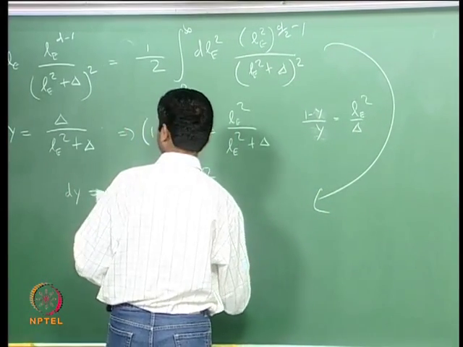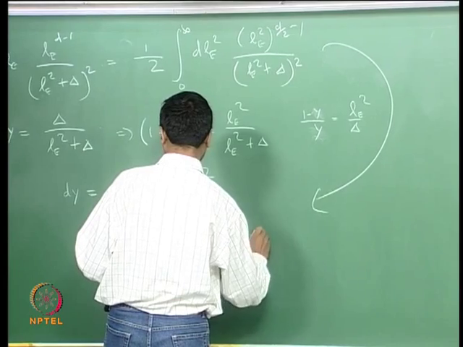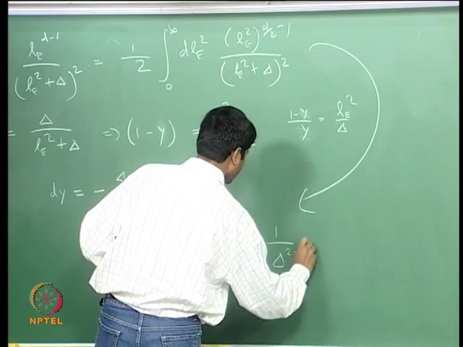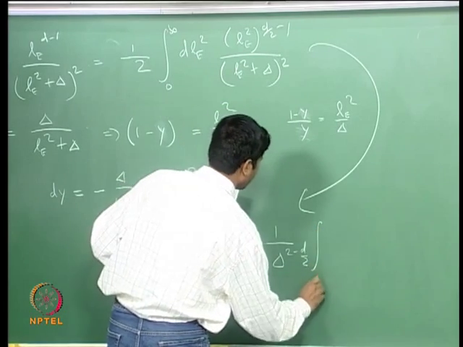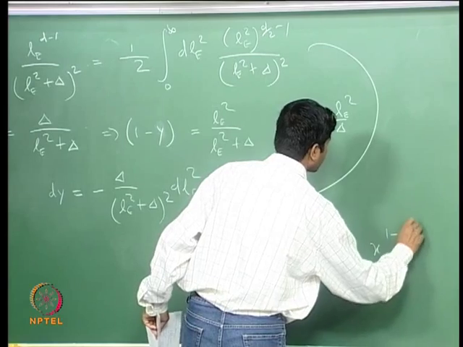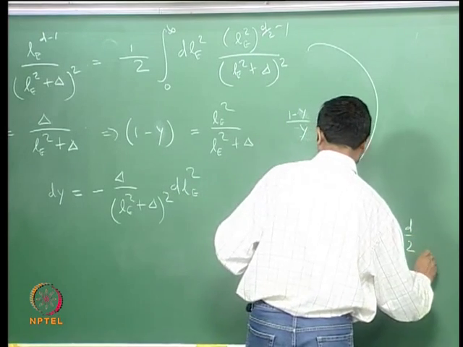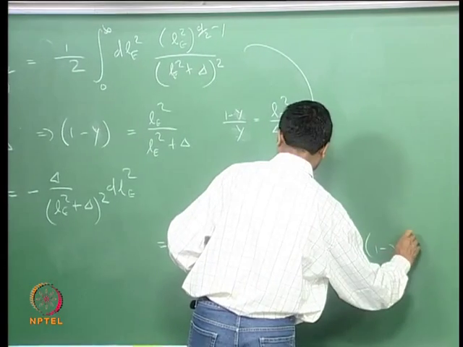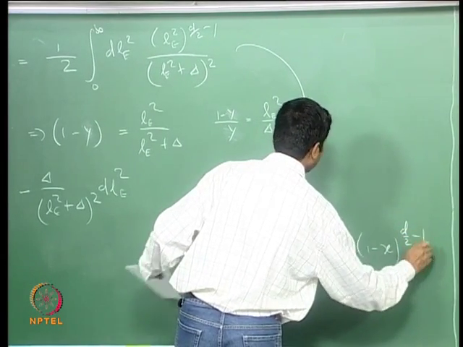So, this is nothing but x to the power 1 minus d by 2 times 1 minus x to the power d by 2 minus 1.